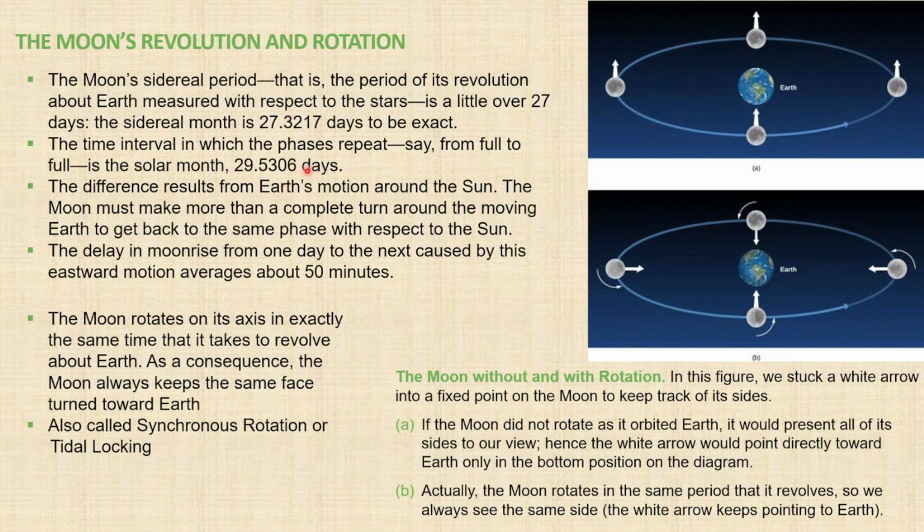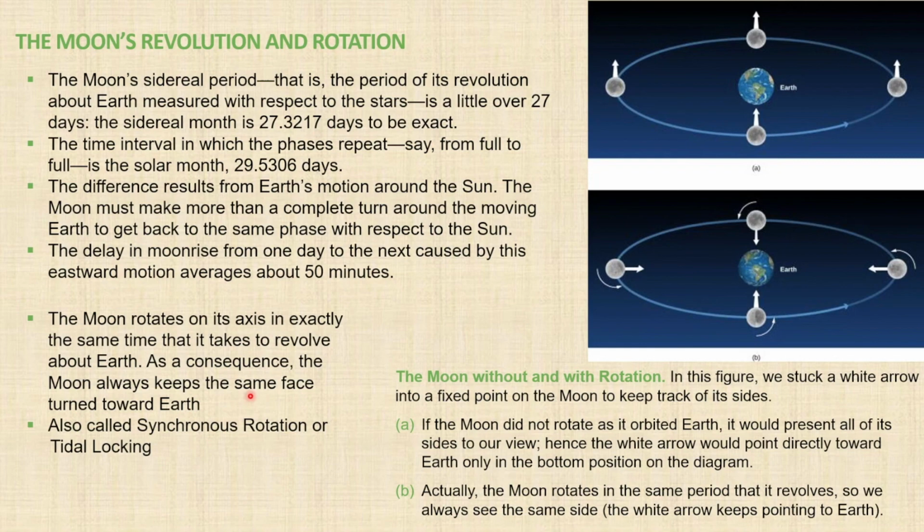But it's more practical to measure the month in terms of the phases, because we see the full moon, half moon, crescent moon every month, and so we use the solar month instead, and that takes 29.5306 days to go around.